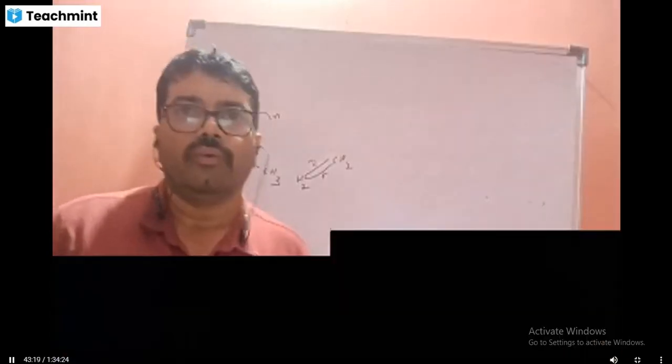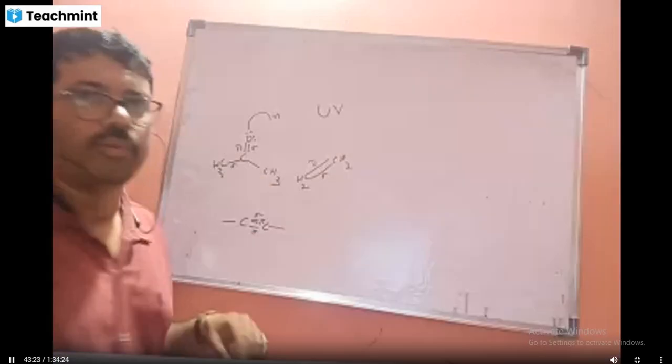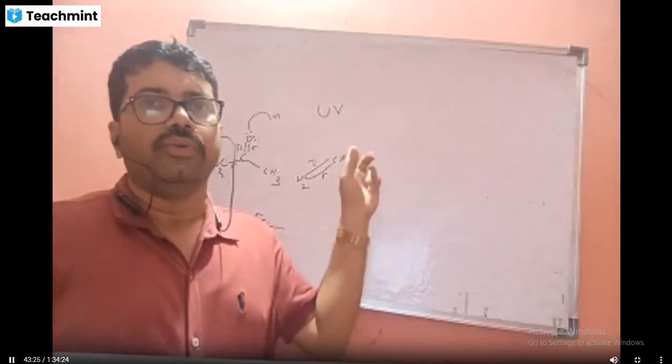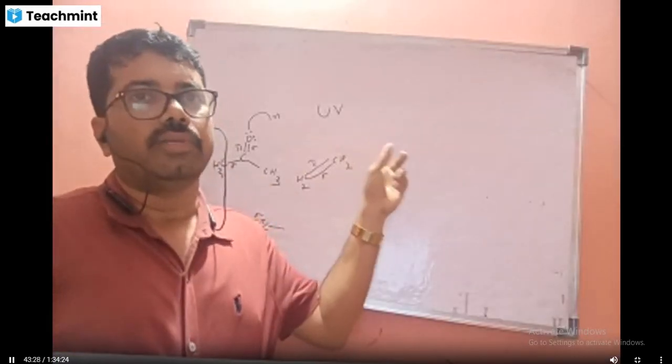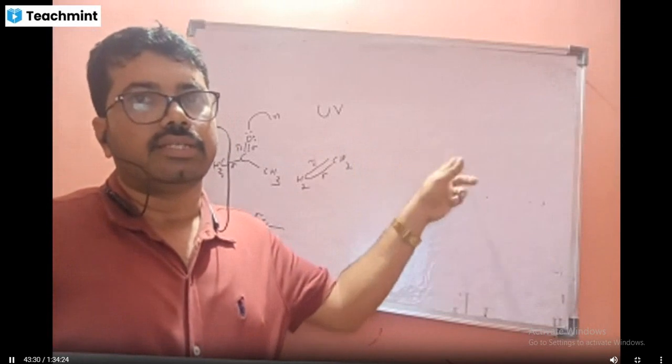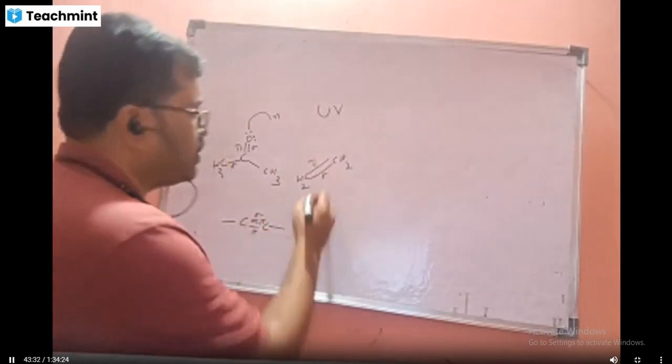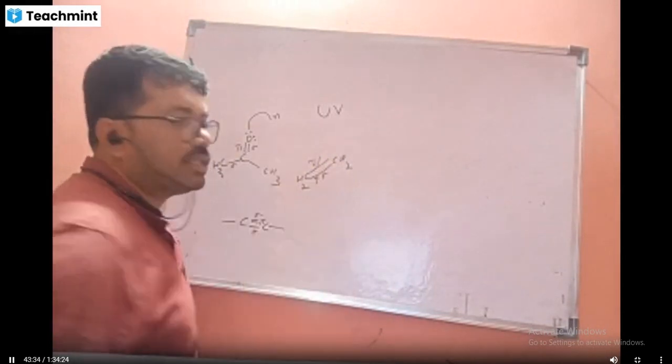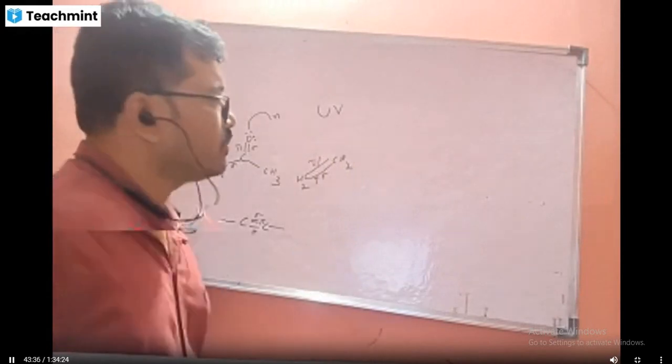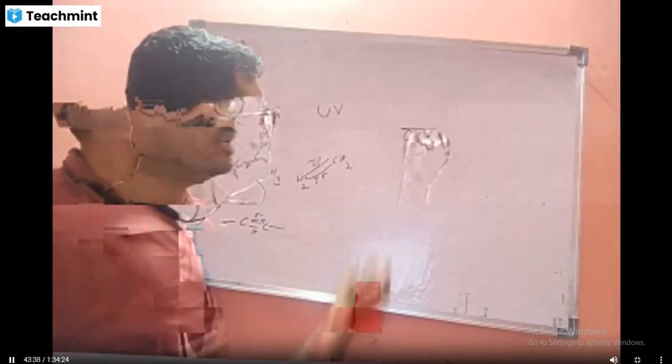So these are non-bonded electrons. When a molecule is exposed to UV visible light, absorption of energy takes place. As a result of this absorption, transitions take place: sigma to sigma star, n to sigma star.